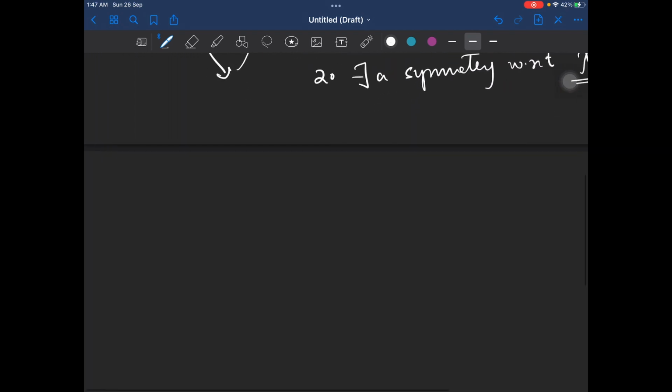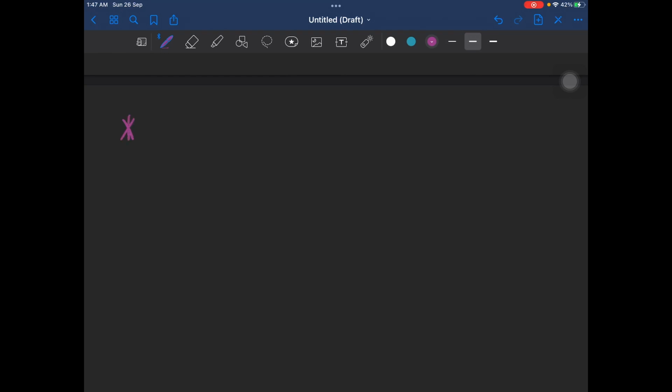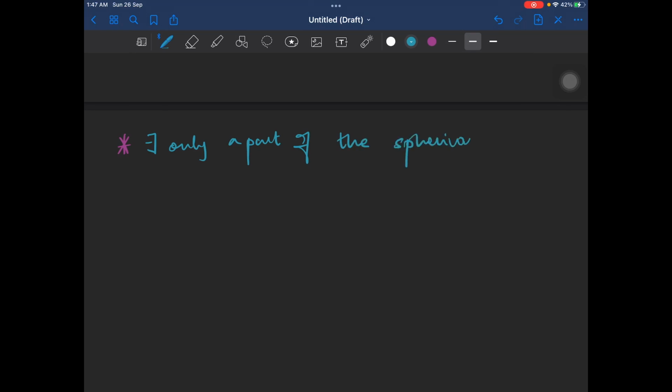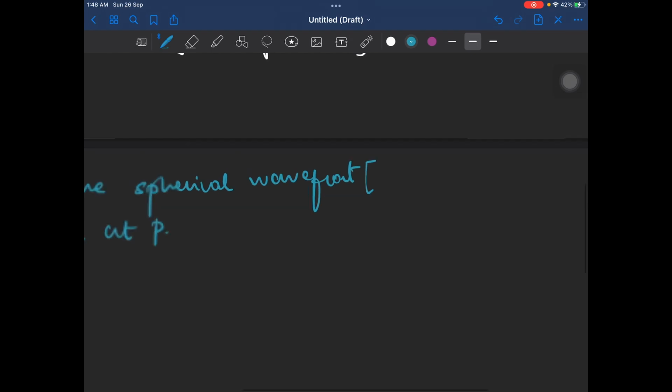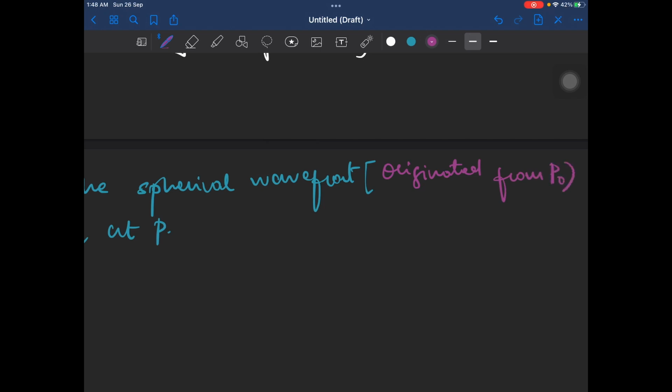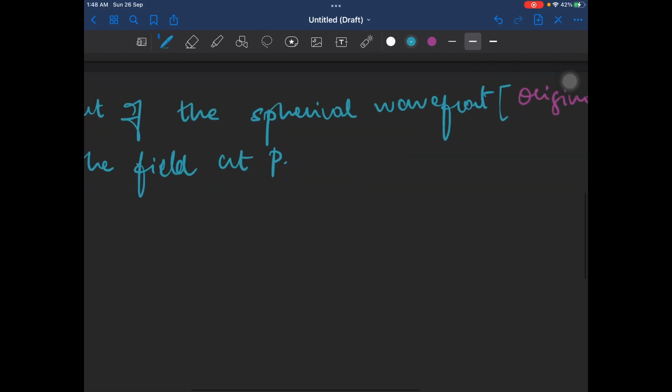So to evaluate, let us revise things now. First thing is that there exists only a part of the spherical wavefront originated from P naught, of course, influencing the field at P. Cool.